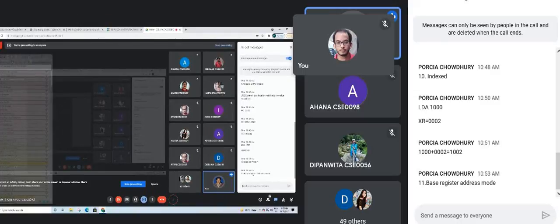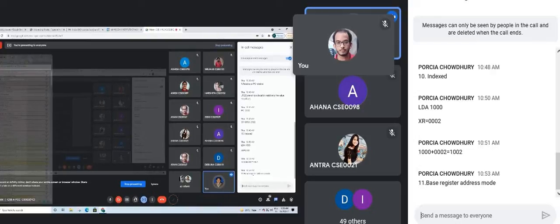Whatever content you have with the opcode will be added with the value of the base register, and the addition output will be the new address for the program itself. That is basically to relocate a program.